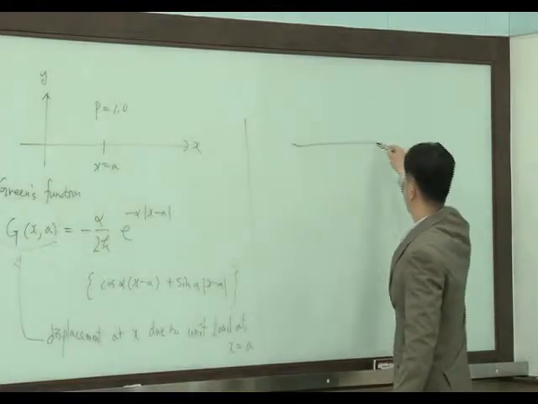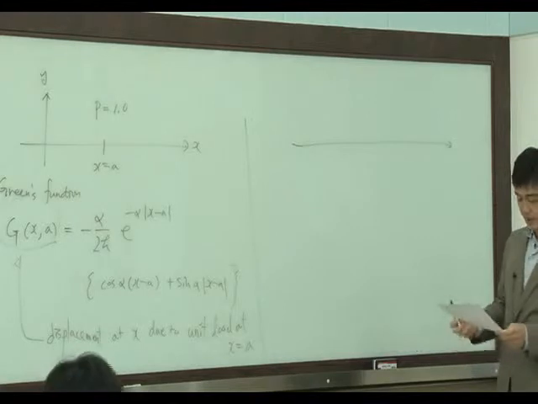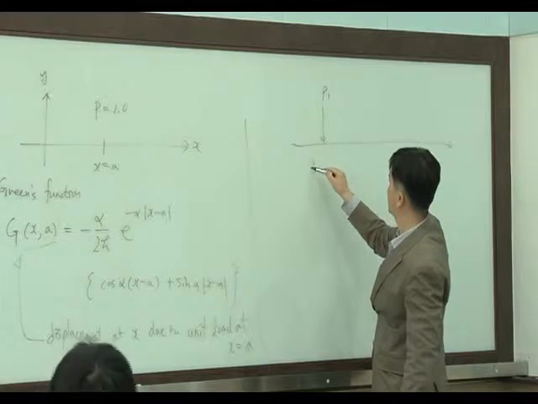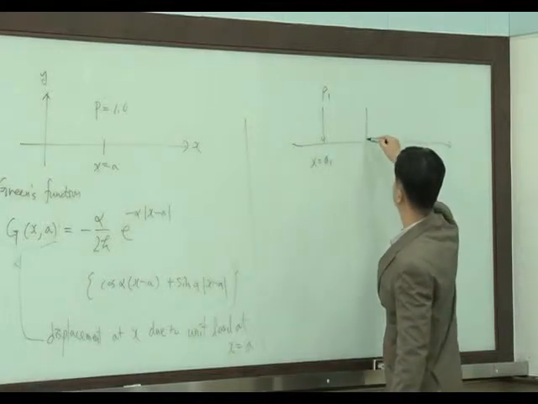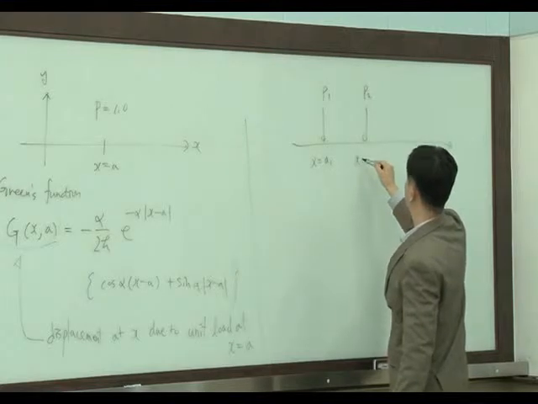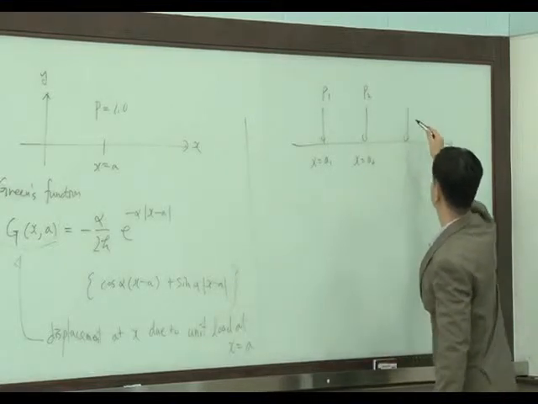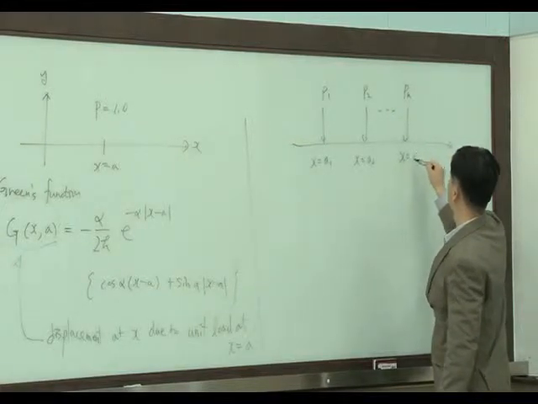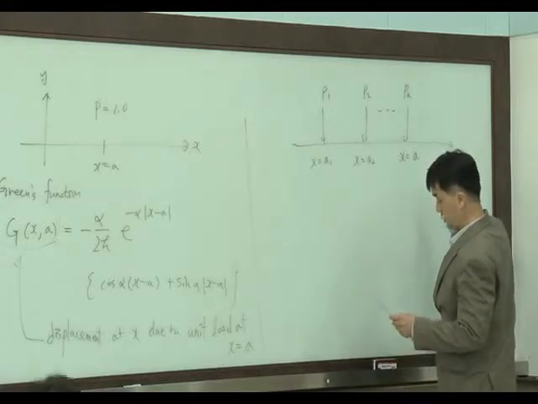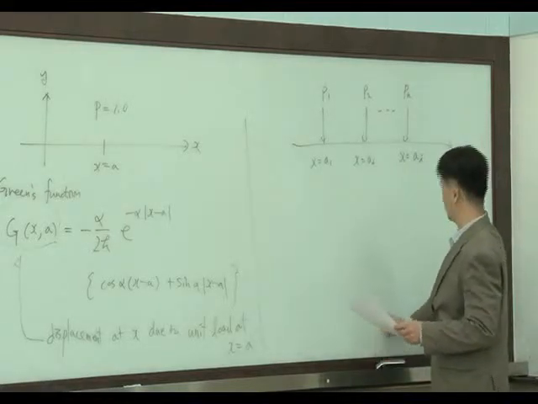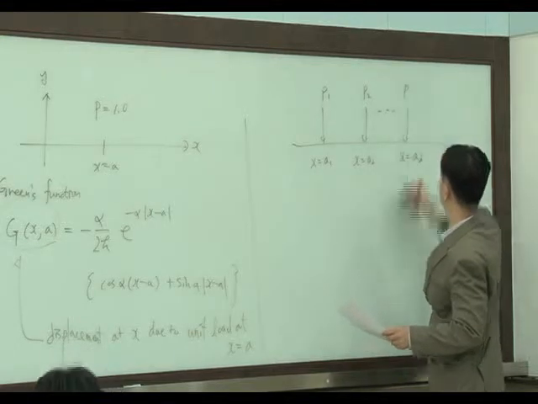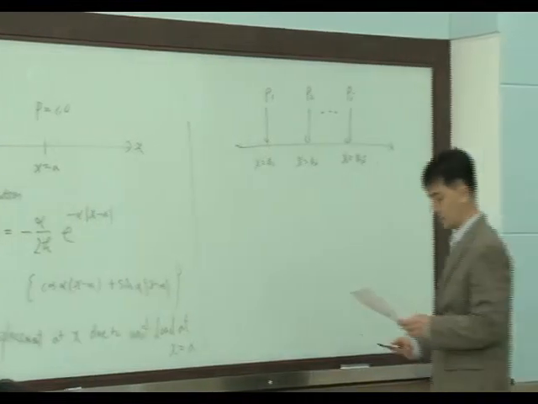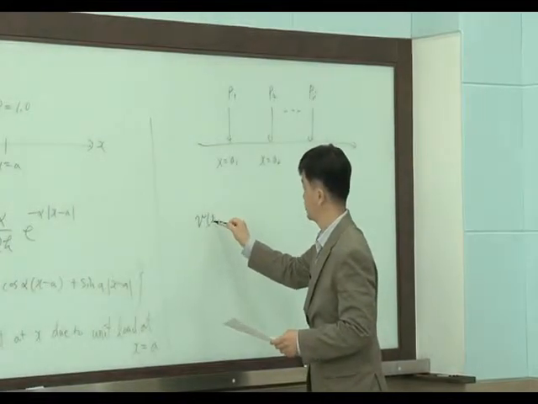And now let's consider a very general case. P1 is applied at x equal a1. P2 is applied at x equal a2. And Pn is applied at x equal an. Pi is applied at x equal ai, right? Very general case, right? How can I calculate the solution?